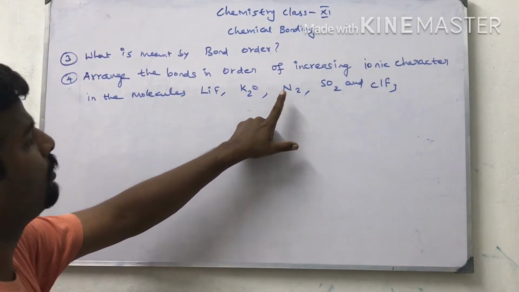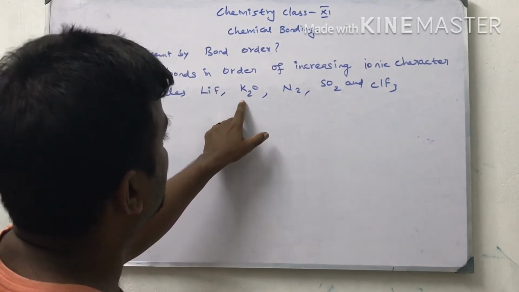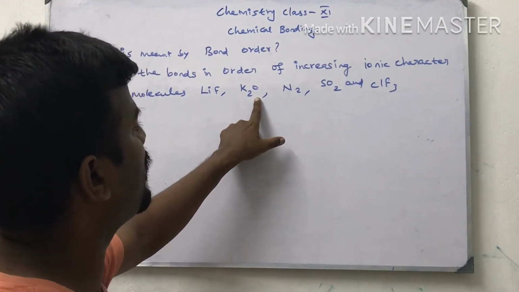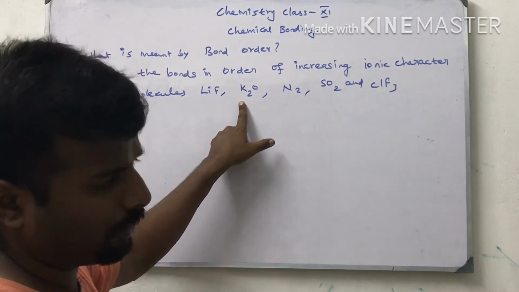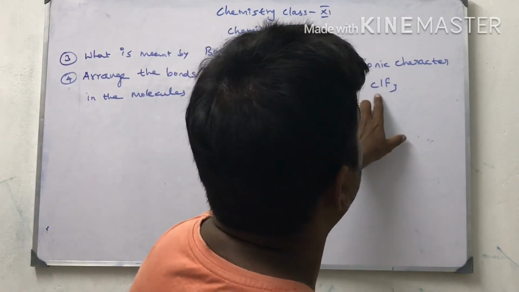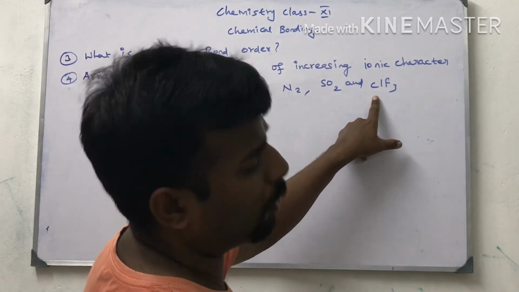N2 has similar electronegativity. K2O has different electronegativity. Potassium is an electropositive element, and chlorine and fluorine also have similar electronegativity. Fluorine is higher than chlorine.